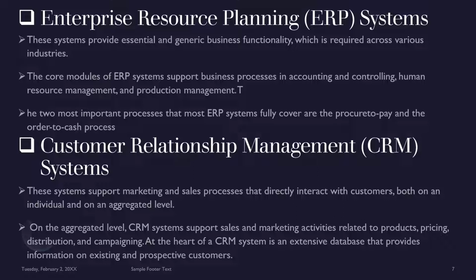And at the heart of a CRM system is an extensive database that provides information on existing and prospective customers. So many CRM systems integrate data mining techniques to help with customer segmentation. And one of the most important processes supported by CRM systems are campaign to lead and lead to order. So through which we are able to maintain and exhibit customer relationship management systems.